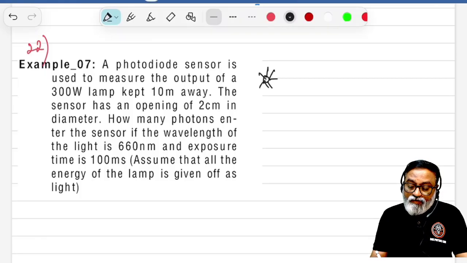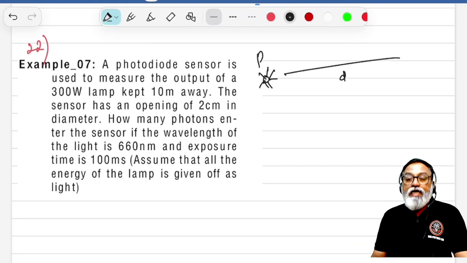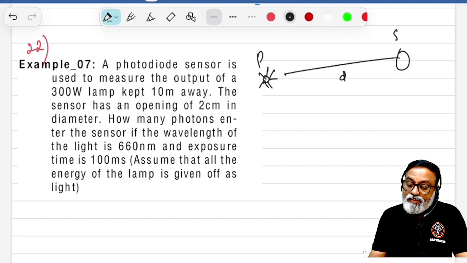This is a light source of power P. From this light source at a distance d, here is the sensor. Therefore, intensity at this sensor I is equal to P by 4 pi d square.